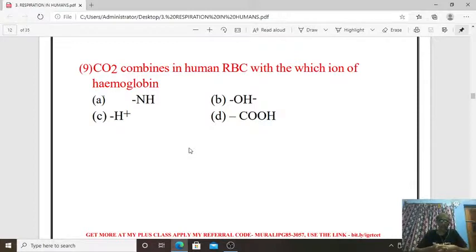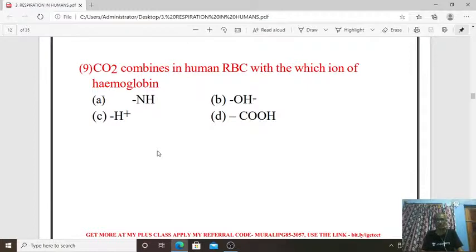In that we can observe the composition of the particular ion to which this carbon dioxide is going to combine. So that is what we can call NH, the amino group. To the amino group of the hemoglobin, the carbon dioxide is going to be joined.